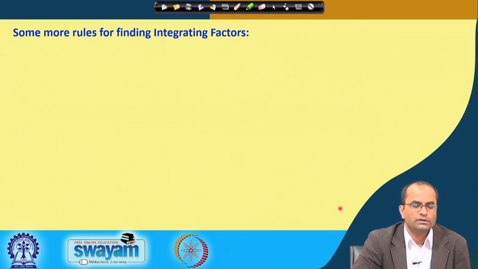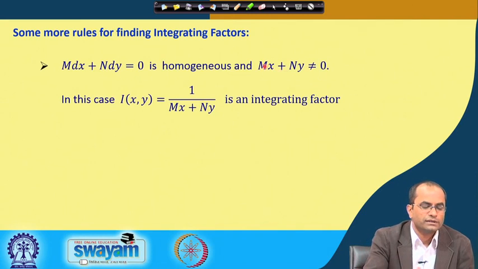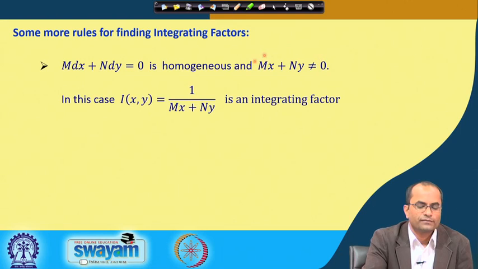There are some more findings from that condition where we can find the integrating factor. We are not going into the details of finding them, but for instance, this is one of the possibilities: if this equation is homogeneous and this Mx plus Ny is not equal to 0, then this comes to be an integrating factor.